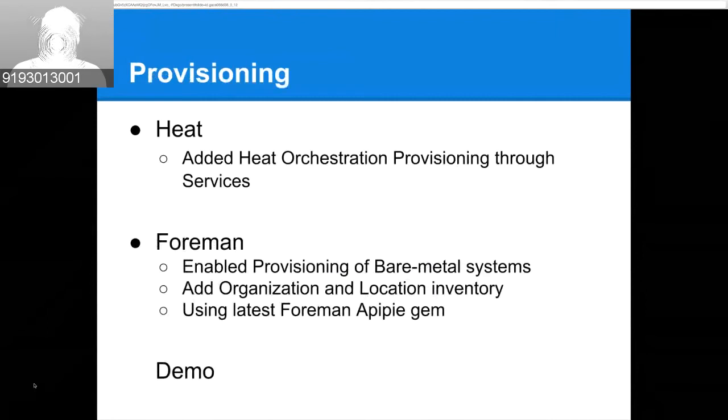Cool. All right. So with some of the stuff you saw before with getting the OpenStack inventory in for stacks and templates, that enables us to do provisioning of the Heat orchestration templates. And we showed last time doing that through Amazon CloudFormation.